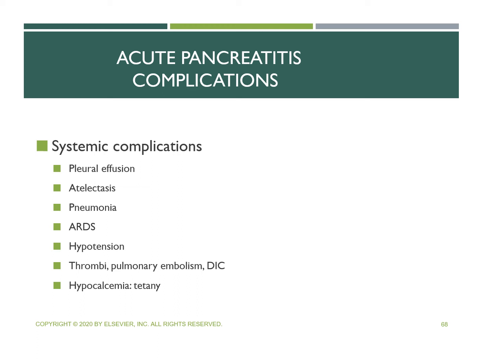And DIC is disseminated intravascular coagulation. That is a significant bleeding disorder that sometimes ends in death. People start to bleed from every orifice that they have, and it can be fatal. That is covered extensively in Nursing 104.